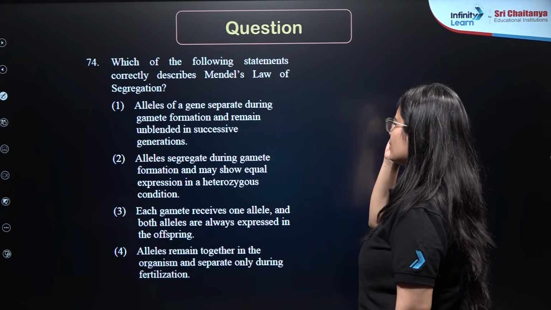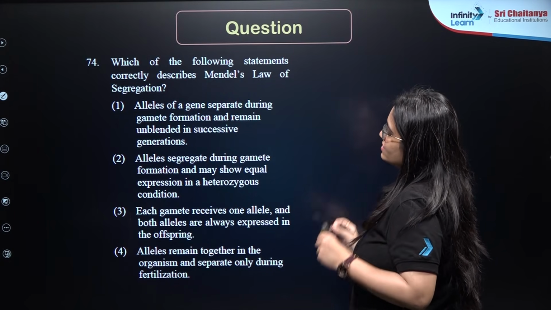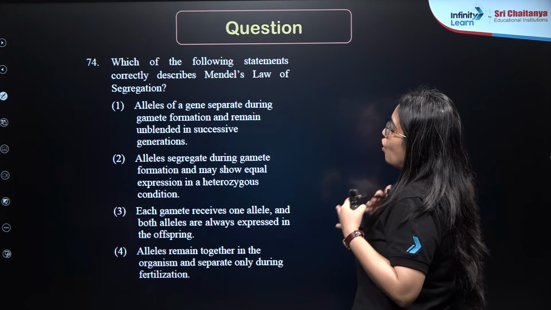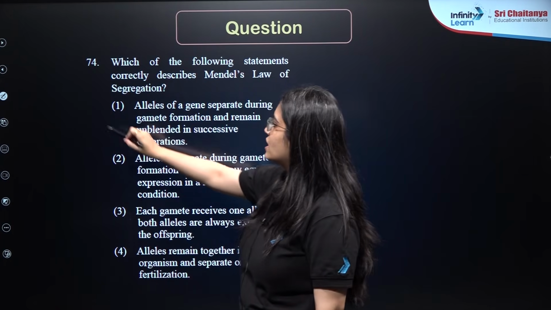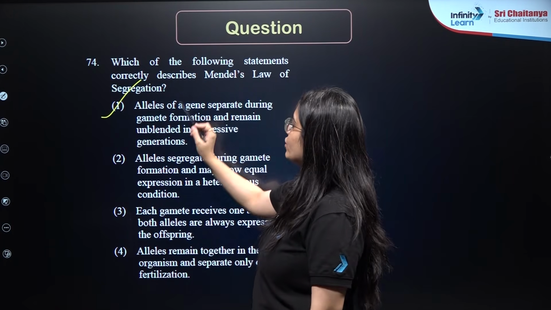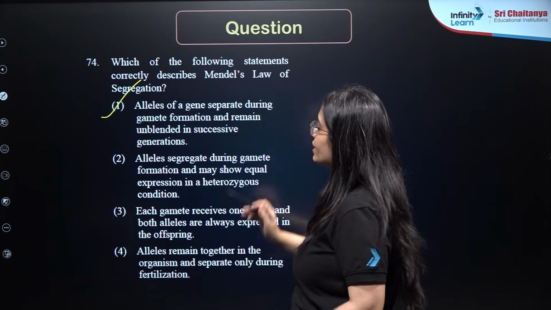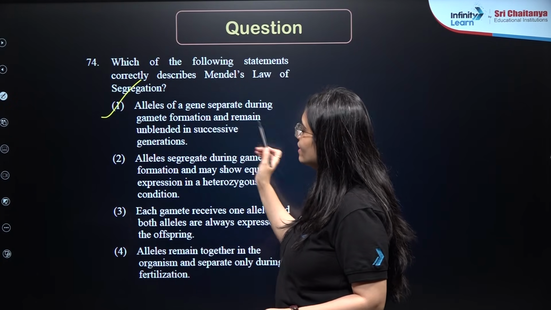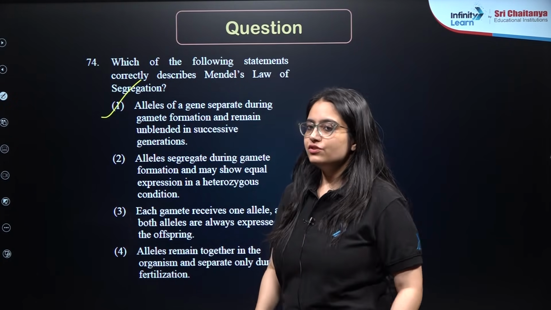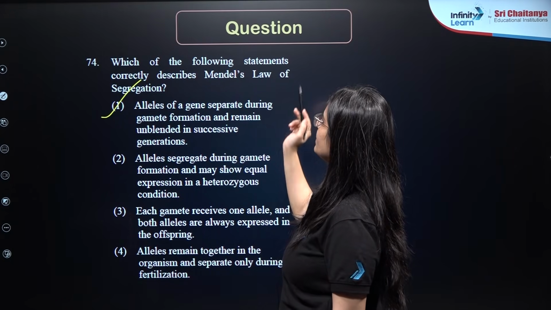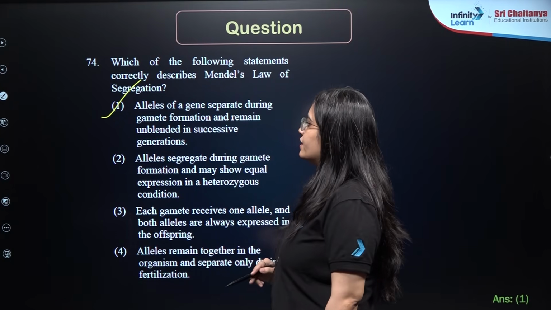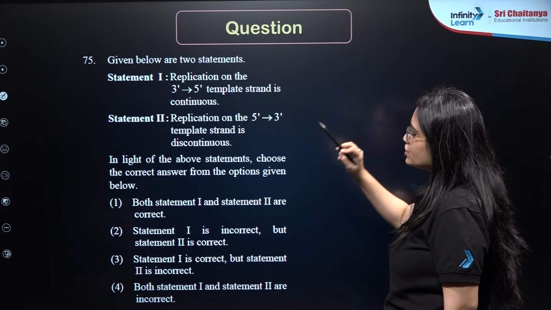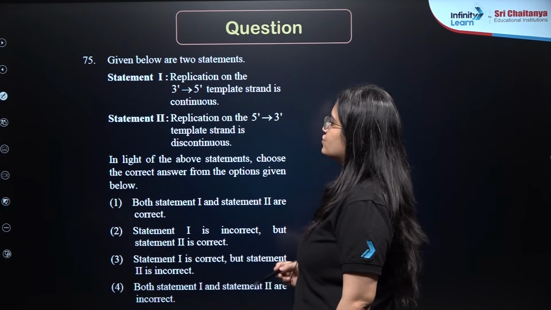Next, which of the following statements correctly describes Mendel's law of segregation? So the correct answer is 1. Why? Because alleles of a gene separate during gamete formation and remain unblended in successive generations. This is what we understand by Mendel's law of segregation. Next, replication on the 3' to 5' template strand is continuous.